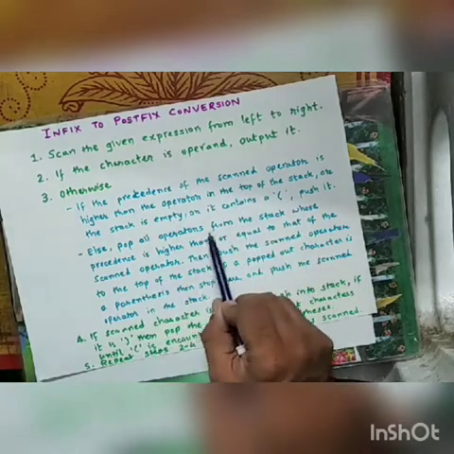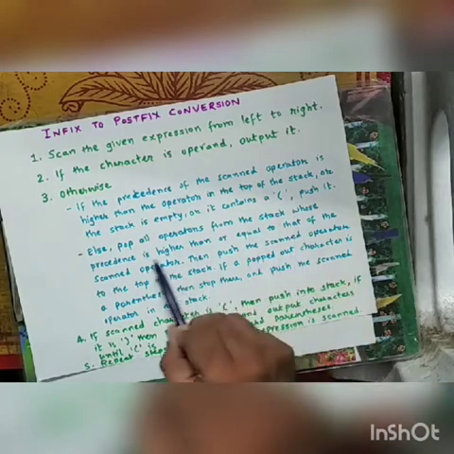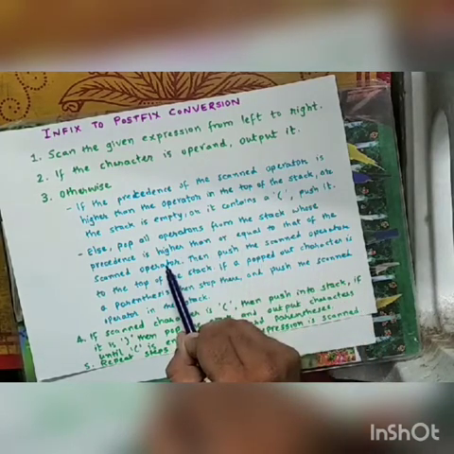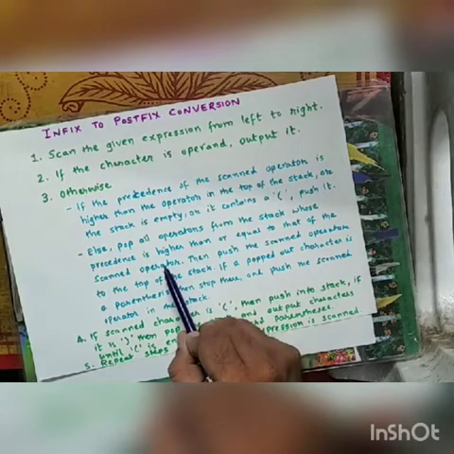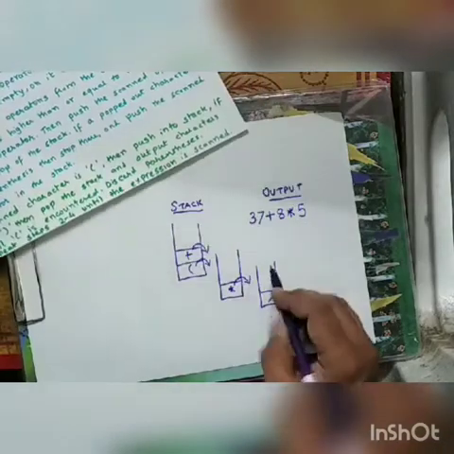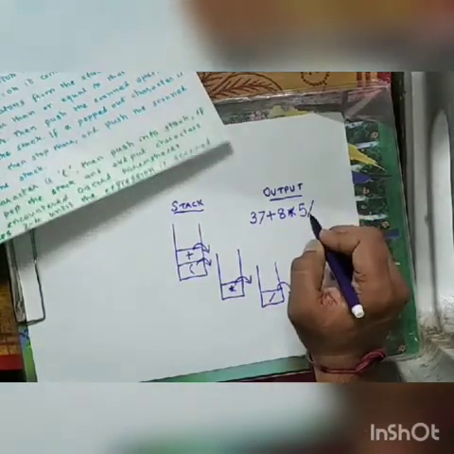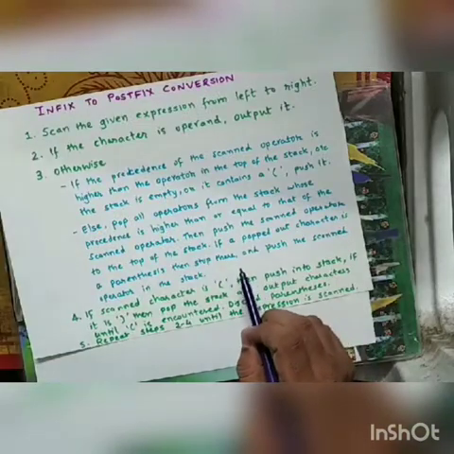So we will pop the operators from the stack whose precedence is higher than the scanned operator. Division has higher precedence than the minus operator, so we will pop it and add it to the output expression, right?